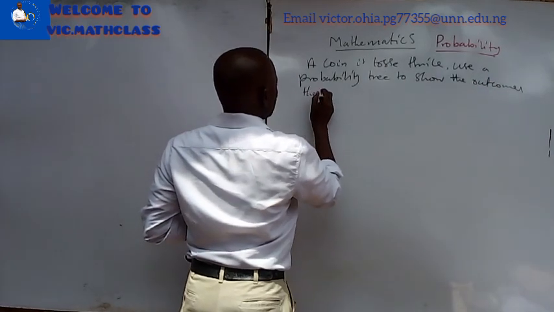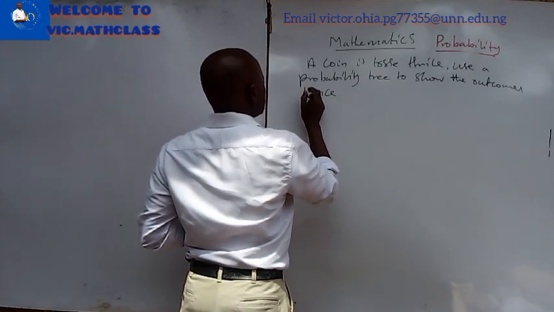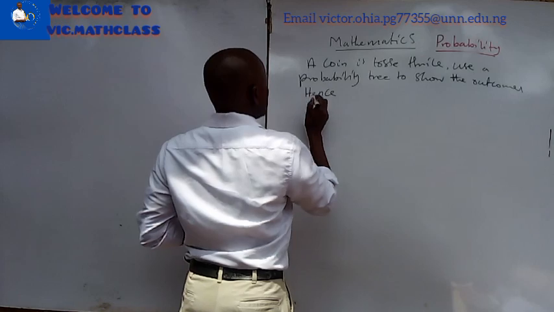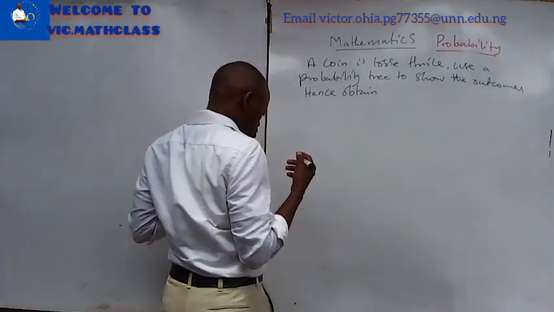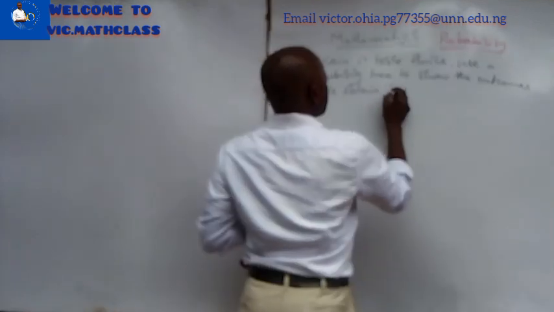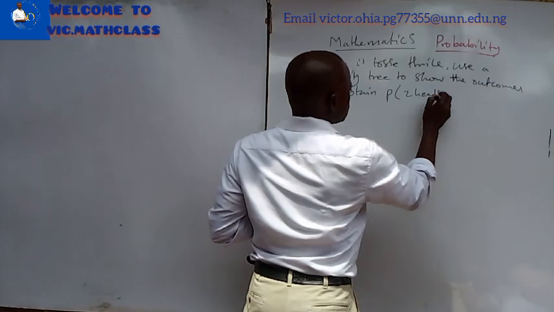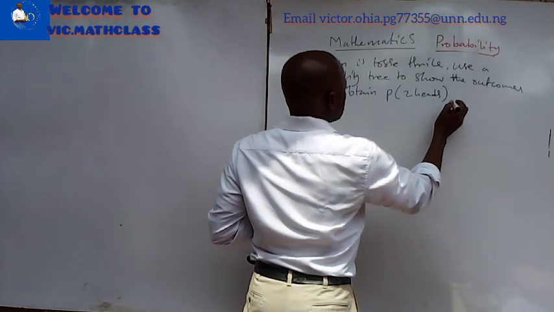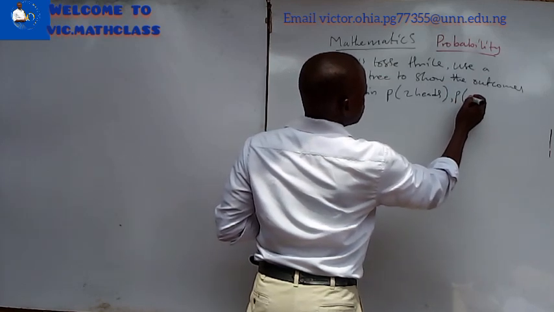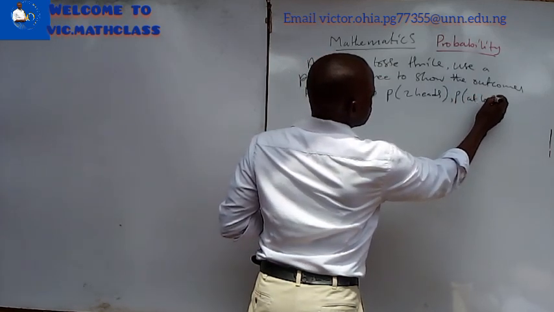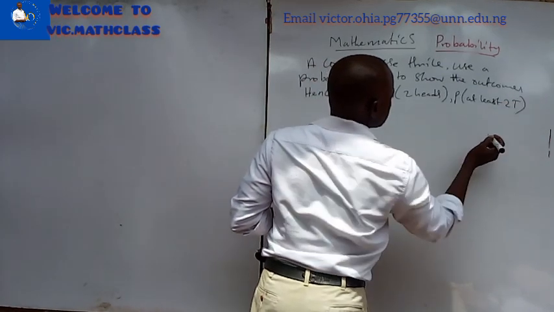Hence, this is H. Hence, obtain something like the probability of, let's say, two heads. Sometimes you can see probability of at least two tails. Let's say something like that.